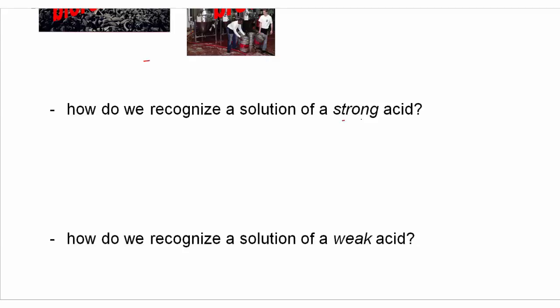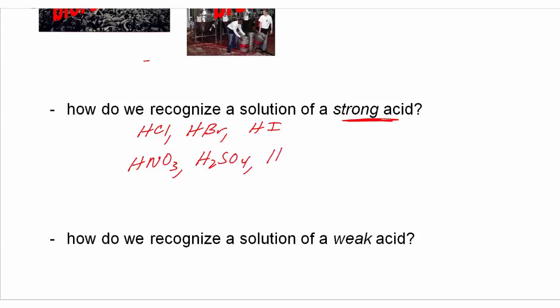A strong acid, well, what were they? Remember, we got 3 from the periodic table: hydrochloric, hydrobromic, and hydroiodic. And then we had to know the names and formulas of the other 3: nitric, sulfuric, and perchloric. So those were our 6 strong acids.